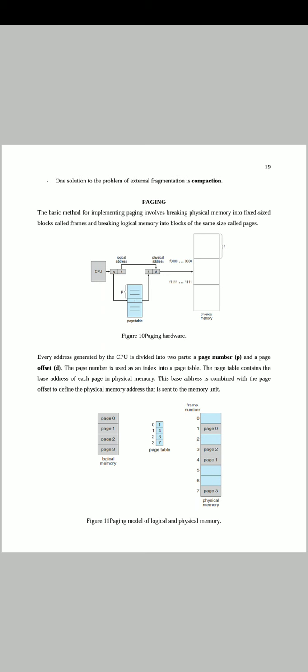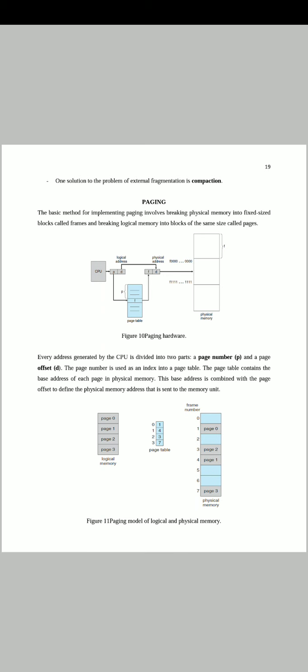So this base address is combined with the page offset to define the physical memory address that is sent to the memory unit. If you see the below diagram, I have logical memory as page number, page 0, page 1, page 2, page 3. Then I have the page table.